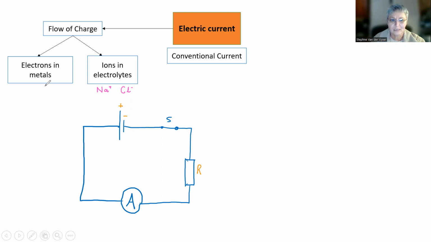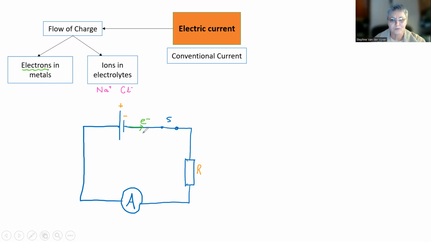Now, electron current. Electron current would flow from the negative terminal of the cell. The electrons will flow through the circuit, as I've drawn it here, clockwise through the circuit.